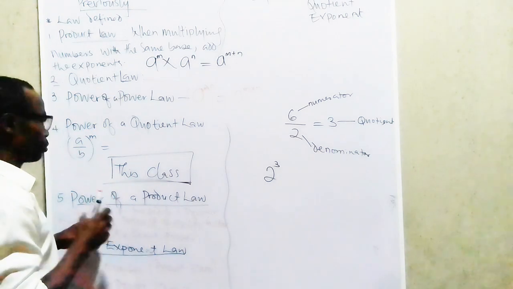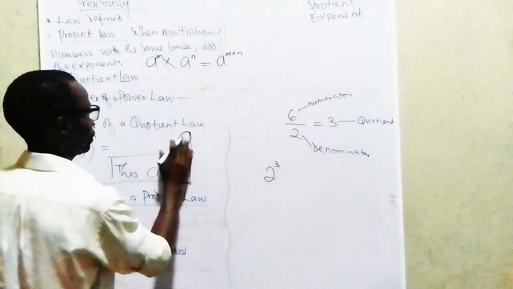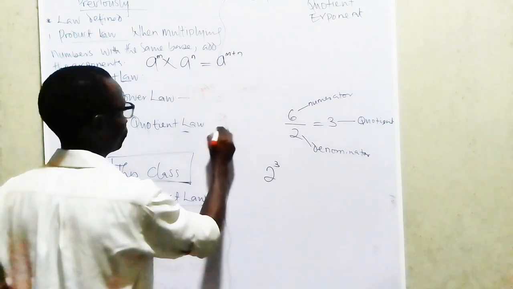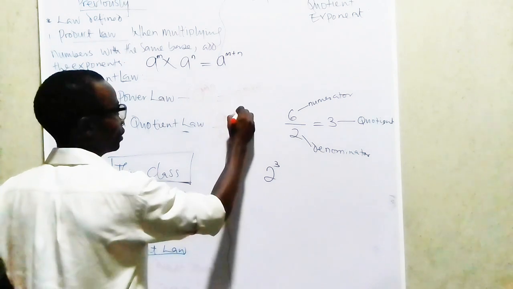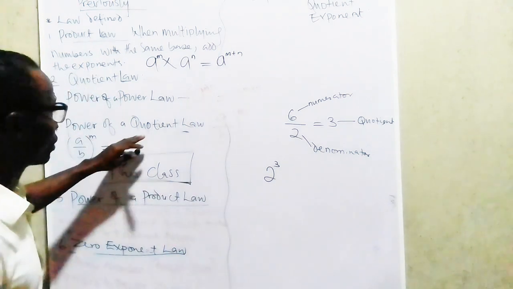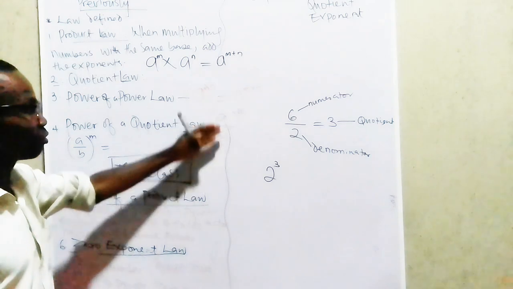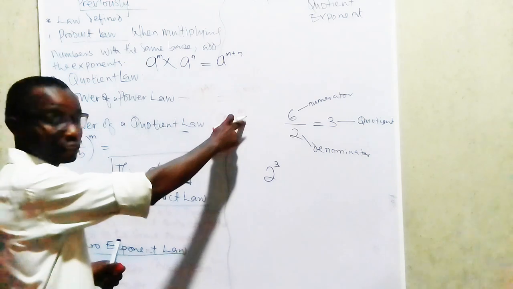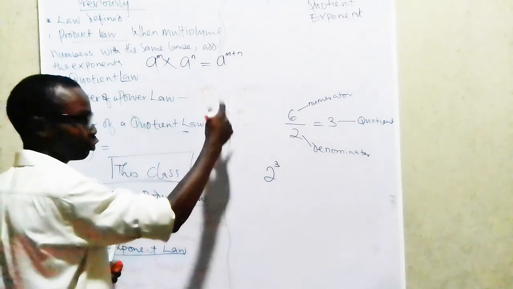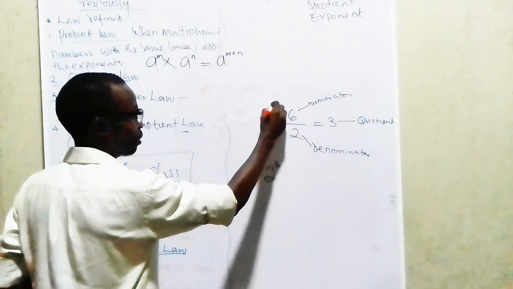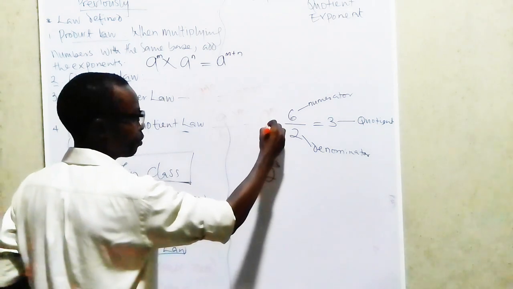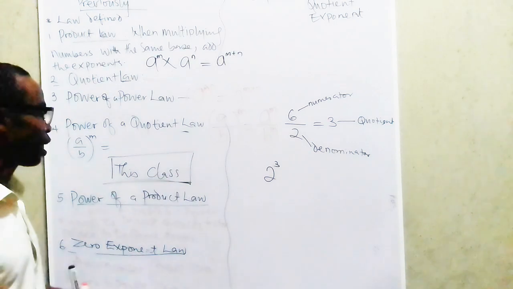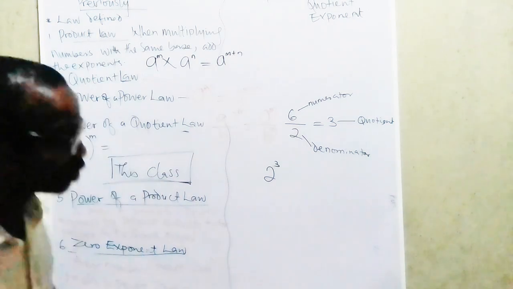We have, for example, A followed by B. Now this law states that when you have a quotient, you spread the exponent to both of them. So it says you write it as A raised to the power M divided by B raised to the power M in this case. Now, having done this in the last class, we'll delve straight into today's class.